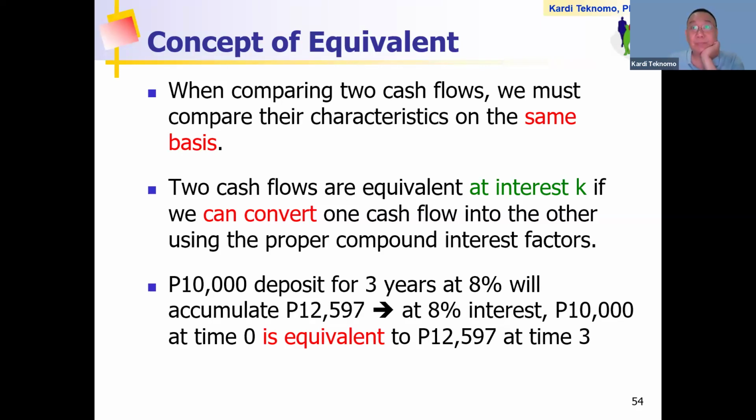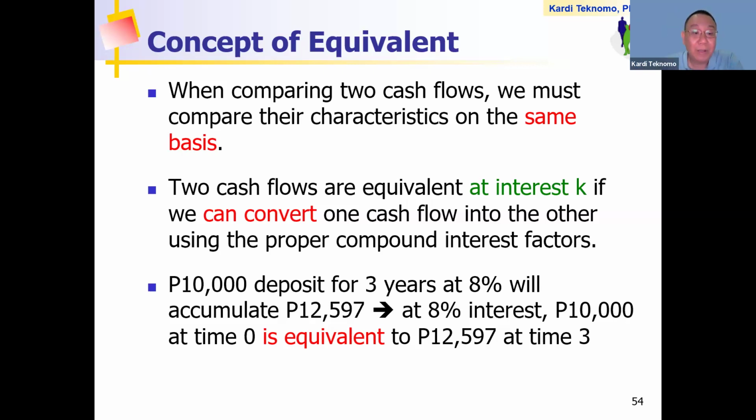So we have what is called the concept of equivalence. This is a new thing. When you have two cash flows, we must compare their characteristics on the same basis, isn't it? So you have two cash flows equivalent at interest K, and if we can convert one cash flow into another using the proper compound interest, the six formulas a while ago.